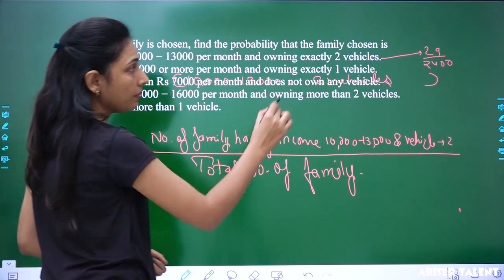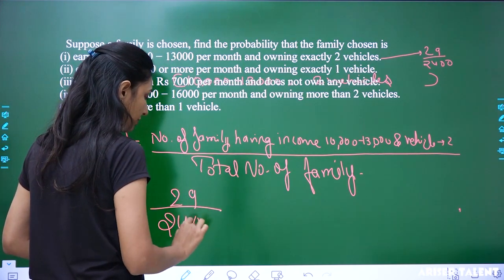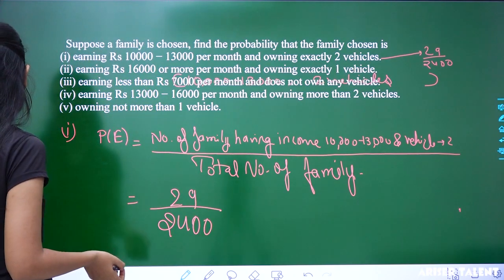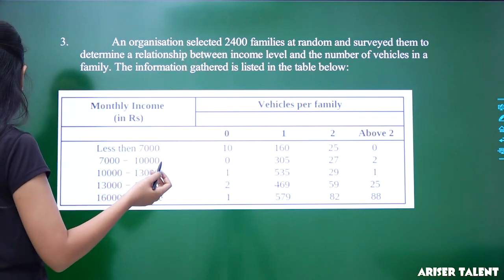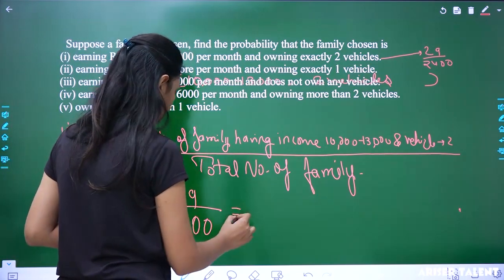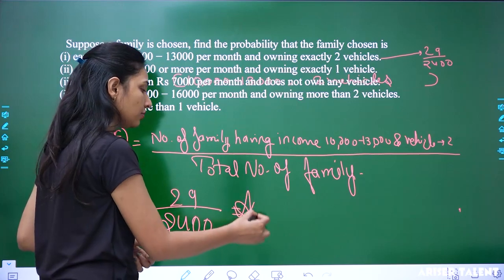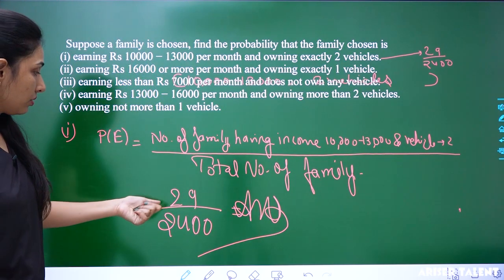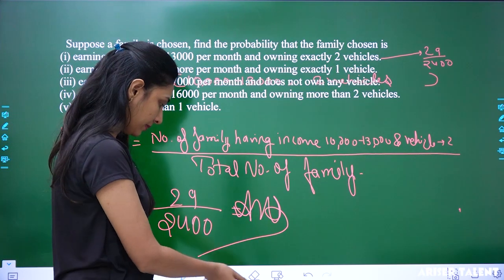That is going to be simply 29 by 2400, right? Because there were 2400 families. Yes, 2400 families. So you can solve it here and you will be getting the answer. Basically this is your answer for the probability. You can cut it short also, and you'll be getting the answer in some decimals.